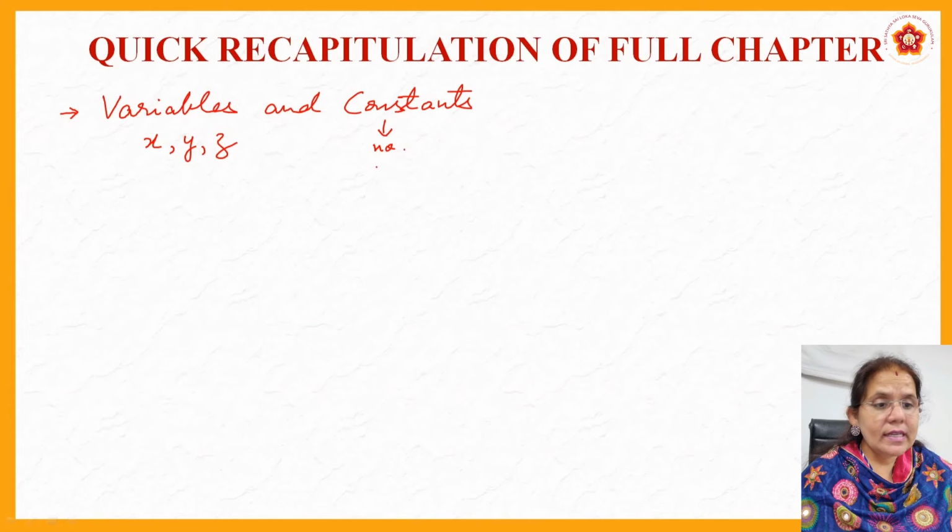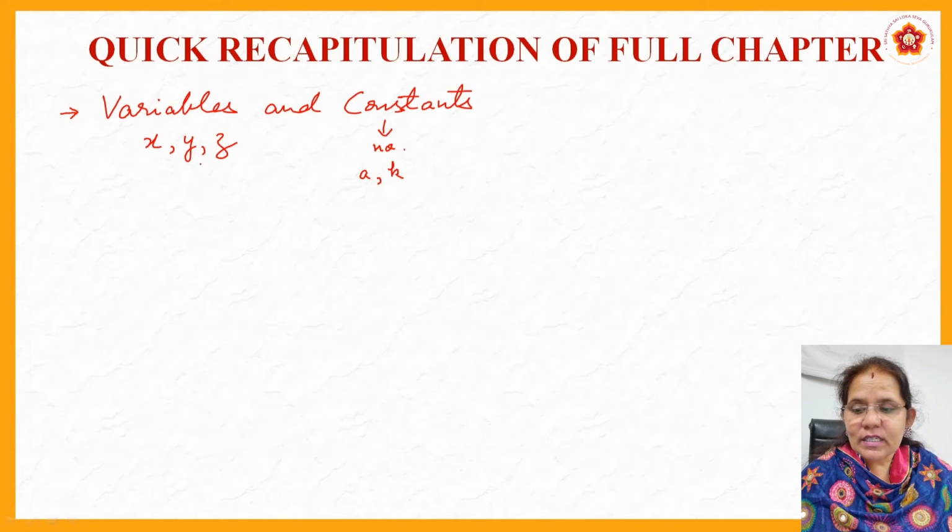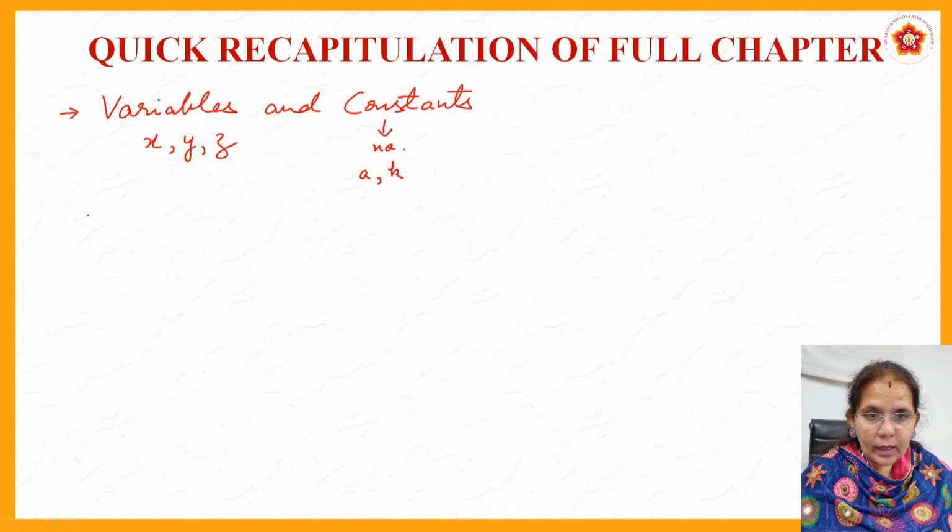Sometimes constants, like in the last question, k was a constant. In another question that we did, a was a constant. So we should be clear how to distinguish the same. A constant will have only one value. Variables can have different values.